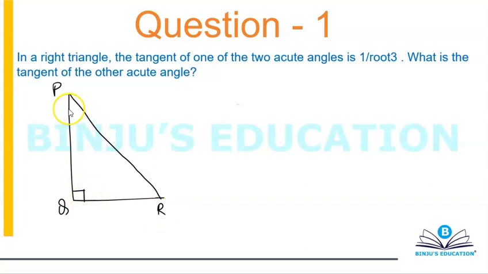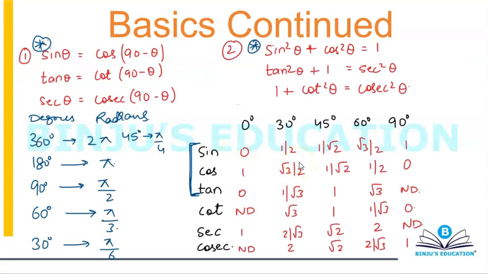So let's say we are talking about tan of this angle P. Let's call this P. So tan of P is given to me as 1 over root 3. Now I know that tan is 1 over root 3 whenever the angle is 30 degrees, which means this angle will simply be equal to 30 degrees. That's why you need to remember this table. So you can say that tan is 1 over root 3 when it is 30 degrees.